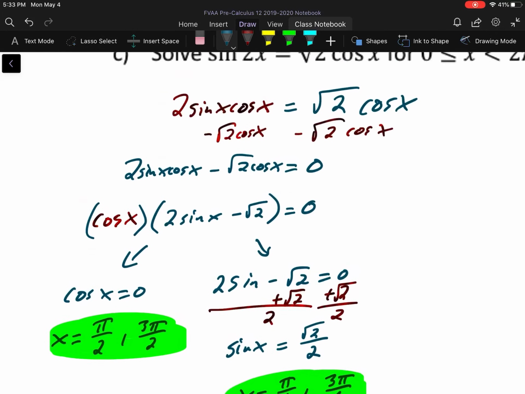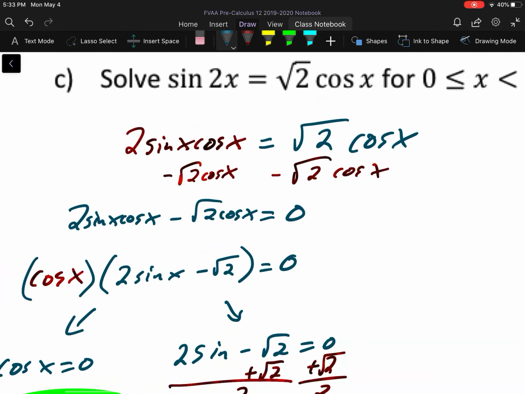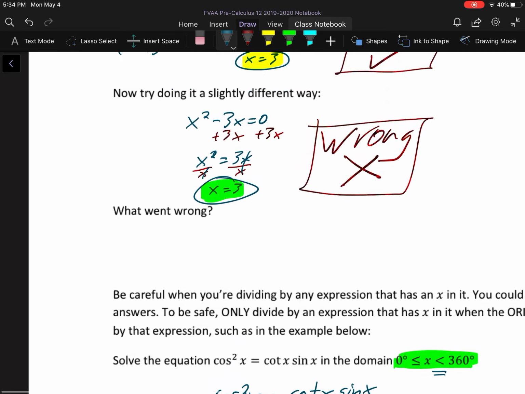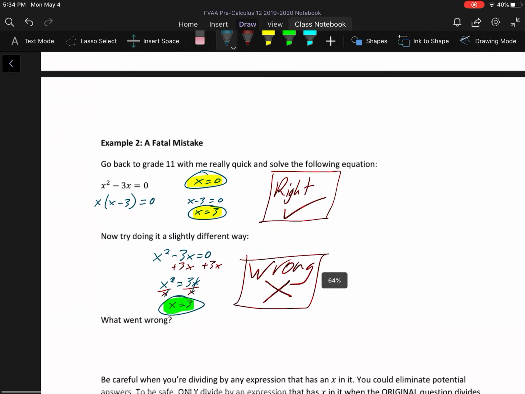Some of you may have started off by dividing cos on both sides. That would have maybe solved an initial problem because you crossed off cos on the left side and the right side. However, what I imagine you realized after doing that is you did exactly what I told you not to do on this page.